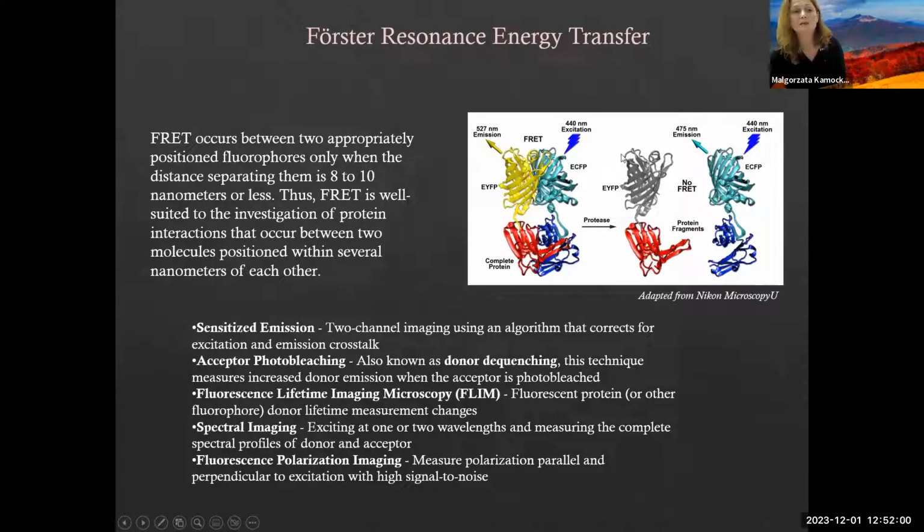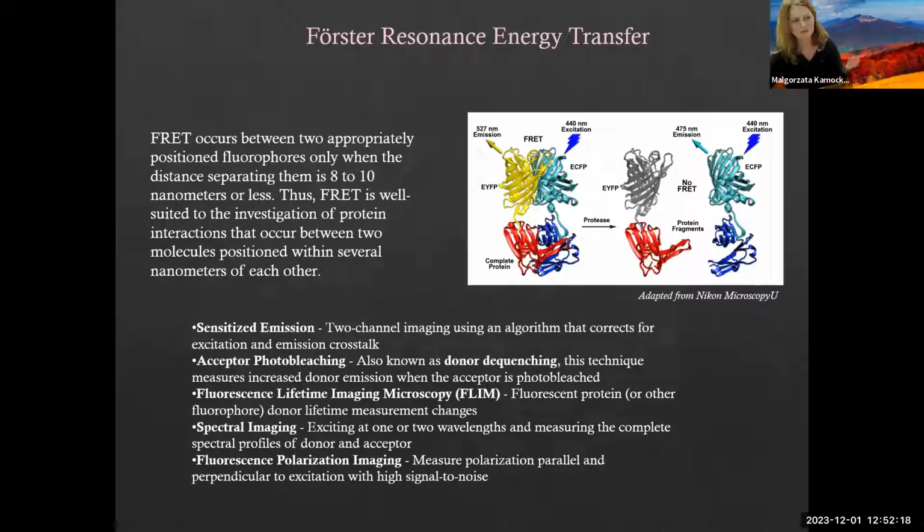But after they are proteolyzed, we don't have FRET signal anymore because they are not in close proximity. So this is a very powerful technique to look at protein interaction, but it may be quite difficult.